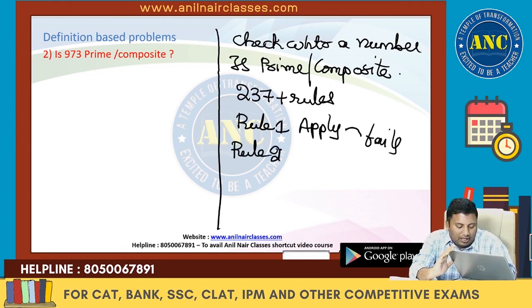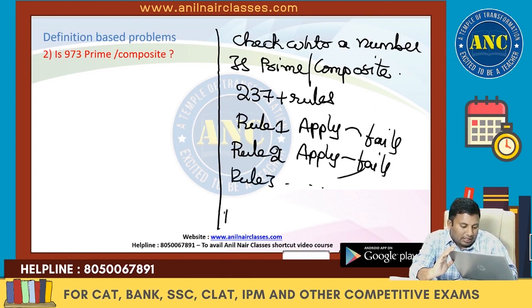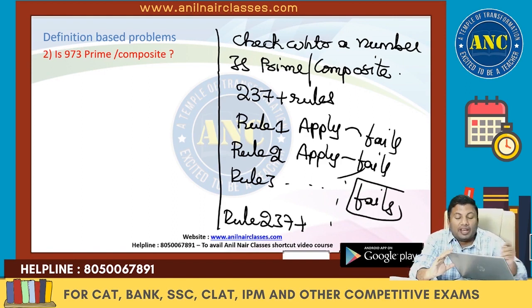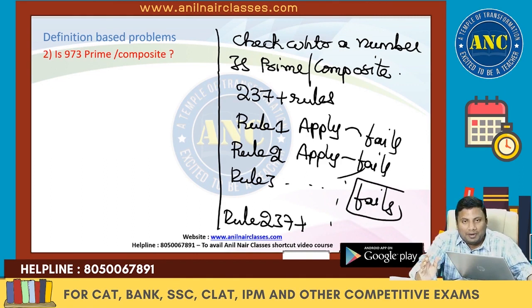If it fails, go to rule number 3. Like that, up to rule number 237. If all the rules fail, then the number is said to be a prime number. Telling that a number is prime is the most complex problem in the field of mathematics.